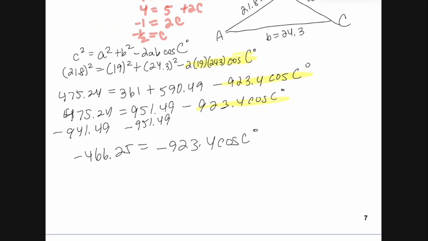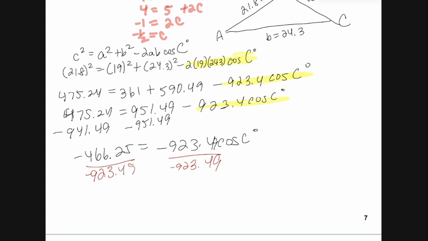Now we are going to need to divide both sides by negative 923.4. Now, you're going to get such a funky decimal at this answer. I'm sorry, it's 49. 923.49. Yeah.